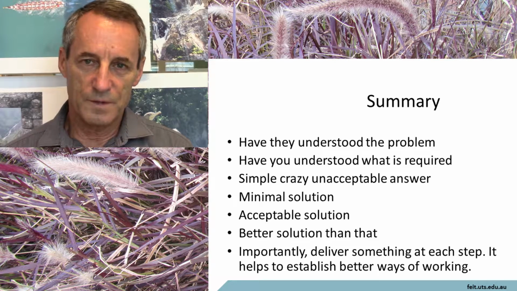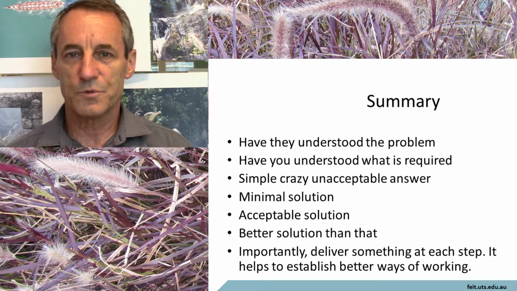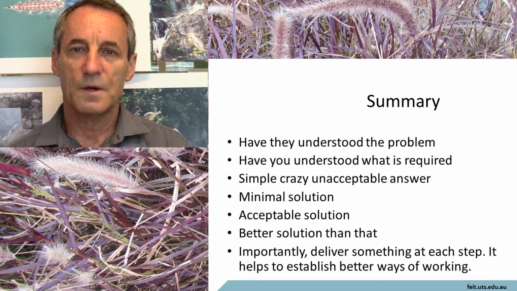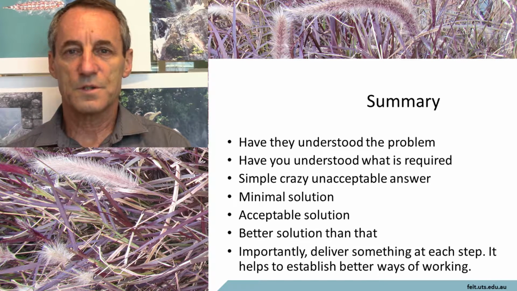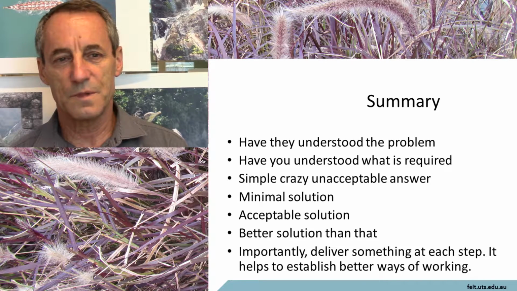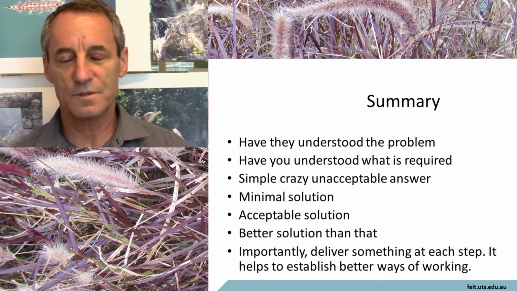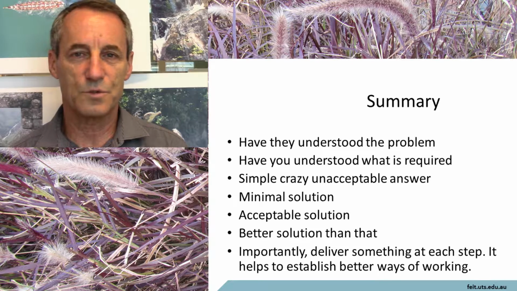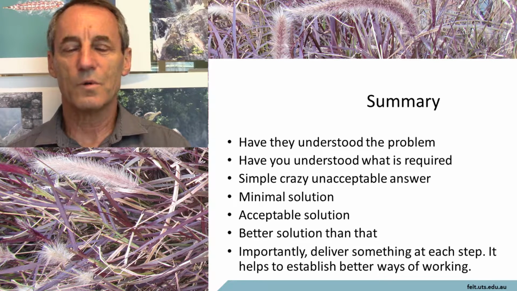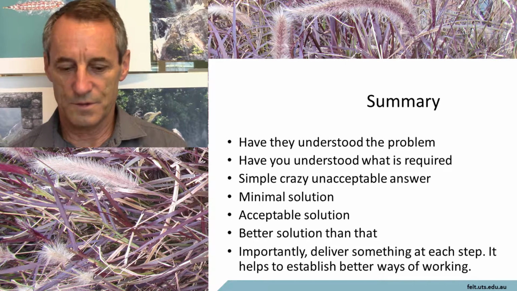You go from there to delivering minimal solutions that probably are not intended to be deployed. And you work your way up to an acceptable solution. Now, by work your way up, I don't mean that there's tens of iterations. You might have, say, 2 or 3 between a simple, crazy thing and an acceptable solution. But the point is, you do more of them. Just test it all out.